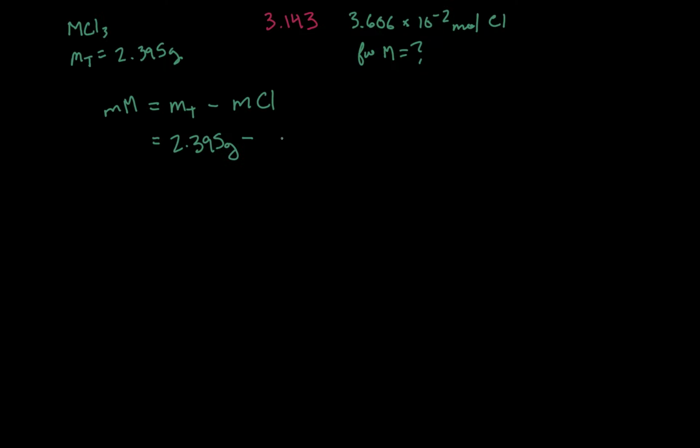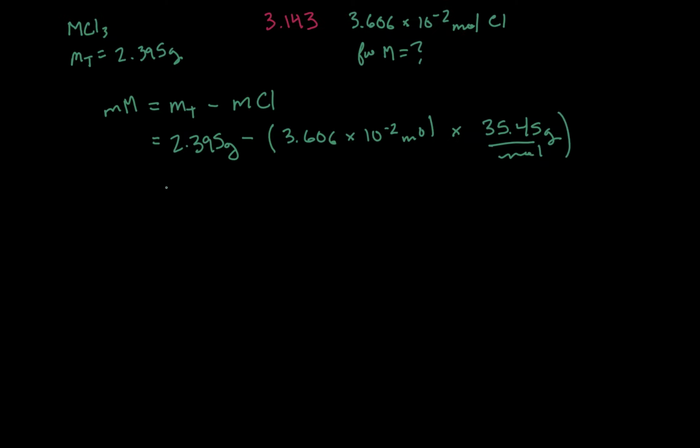How are we going to get that in grams? We're going to multiply that by its formula weight. So the moles of chloride, 3.606 times 10 to the negative 2 moles, and we are multiplying that by its formula weight, which is 35.45 grams per mole.